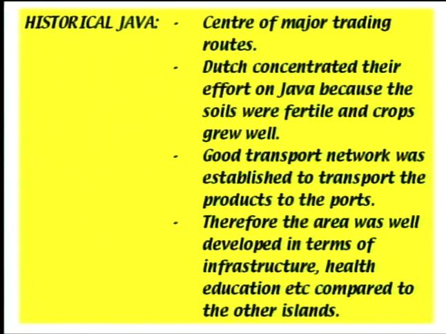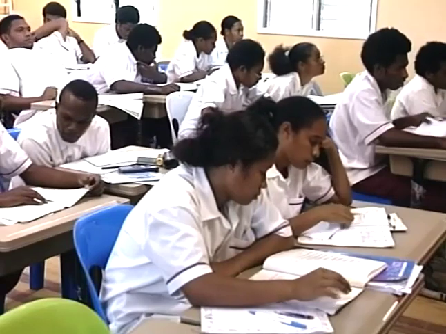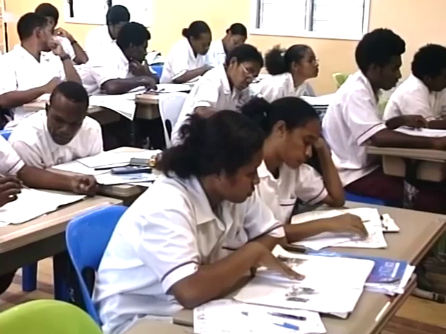When did Indonesia gain their independence from Netherlands? Did the Dutch people stay in Indonesia forever? No, they didn't. They had to leave at one point in time and also in history.